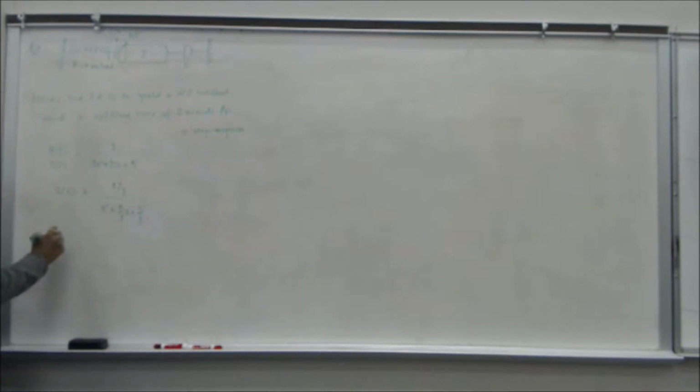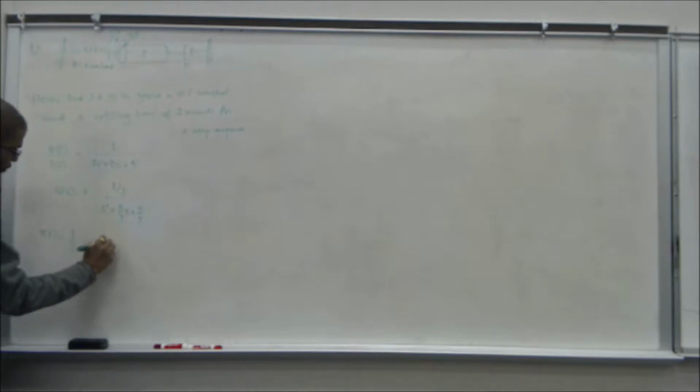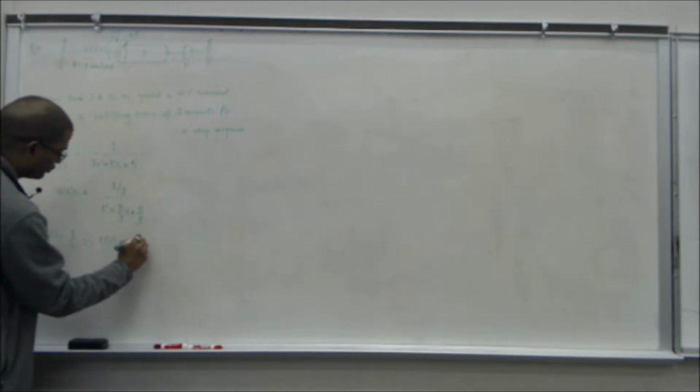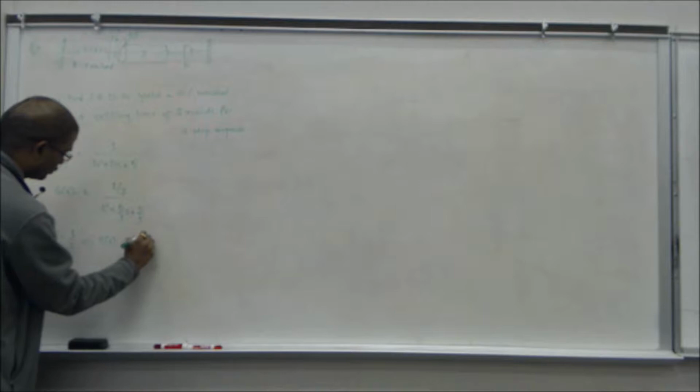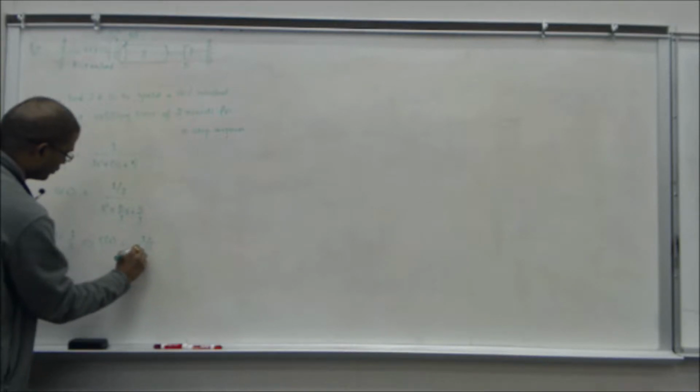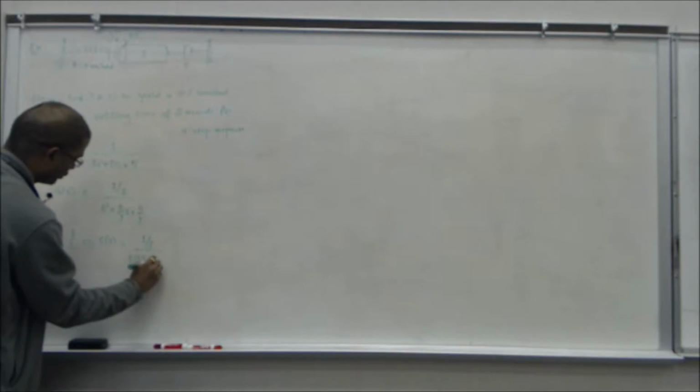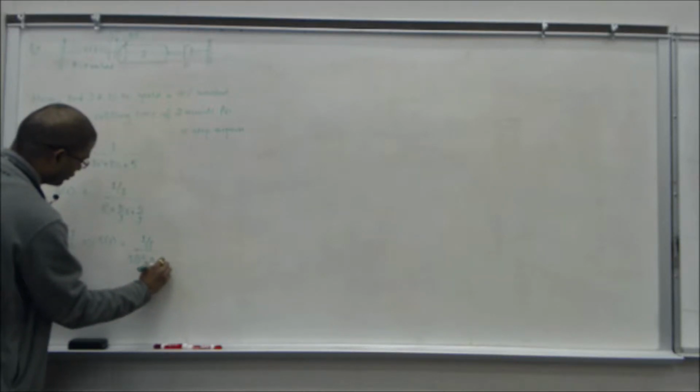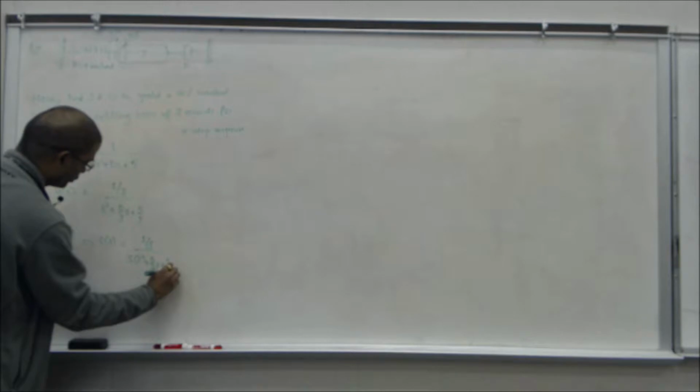So again, T(s) is 1 over s, implying C(s) is equal to 1 over J times s square plus D over J s plus 5 over J. Okay.